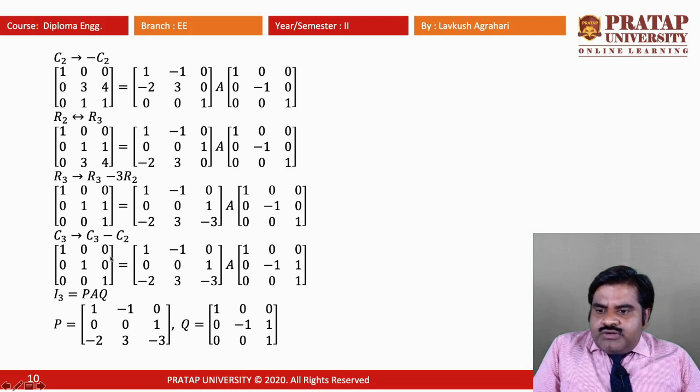By this operation, we get an identity matrix in the middle, and this column operation is reflected in the matrix on the right hand side of A. So we can check that we have an identity matrix, and so we can say that I equals PAQ. So we can find the matrix P and matrix Q.